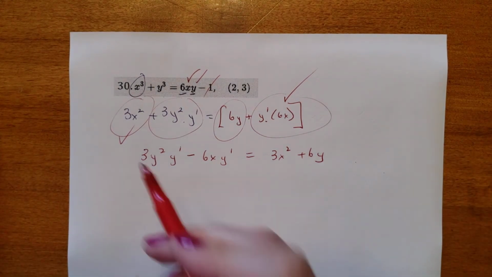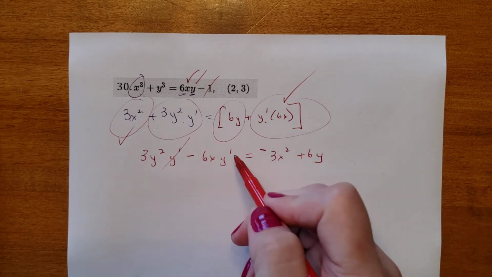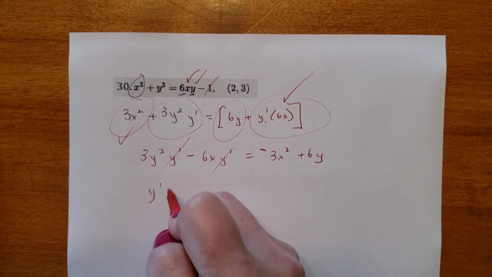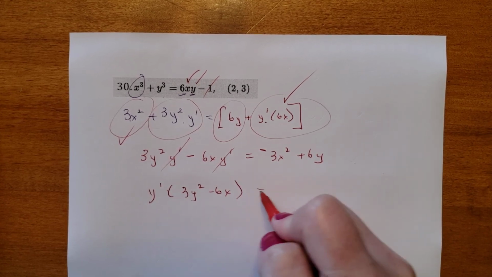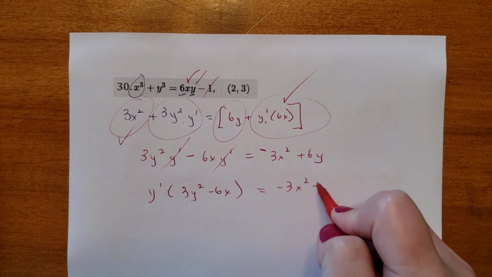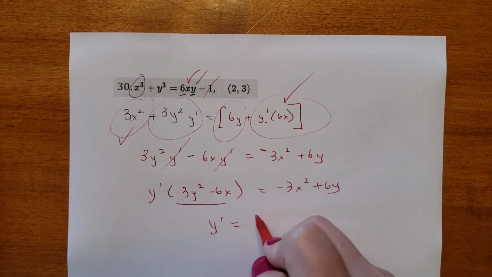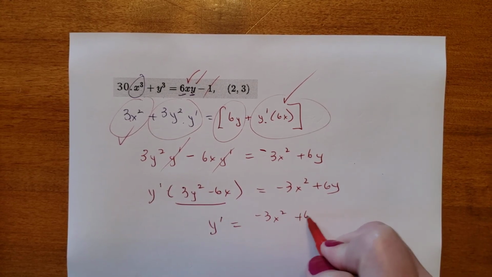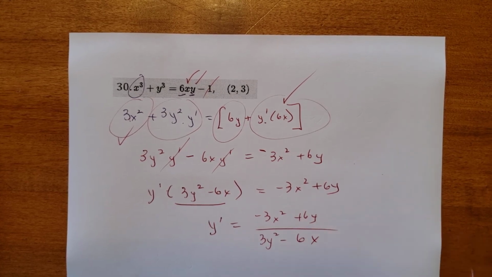Oh, and it'd be negative. I moved the 3x squared to the other side, so now it's negative. So factor out the y prime. And then last step is you're going to divide by this chunk. So y prime is negative 3x squared plus 6y over 3y squared minus 6x.